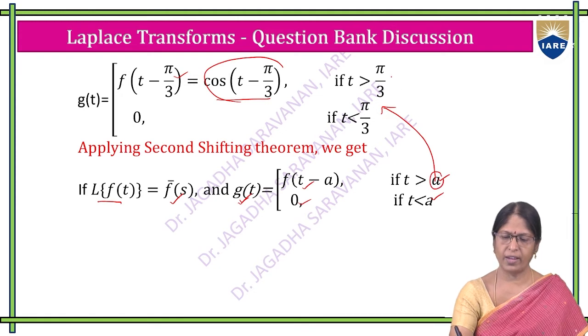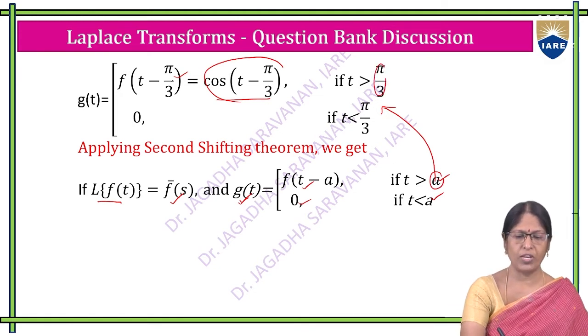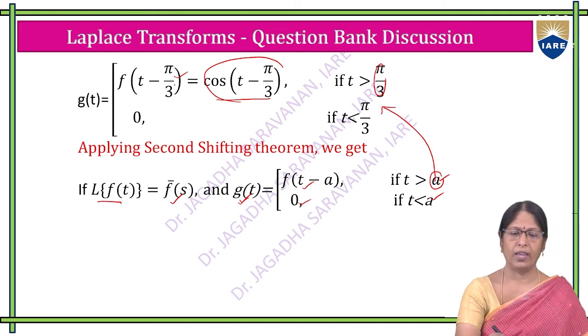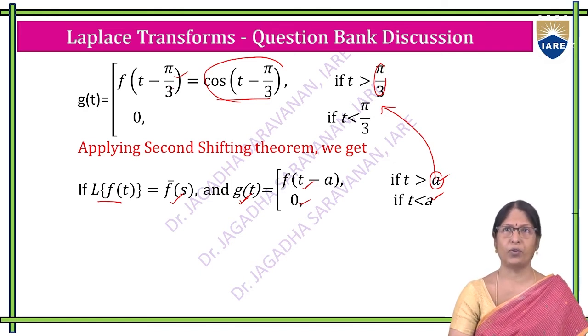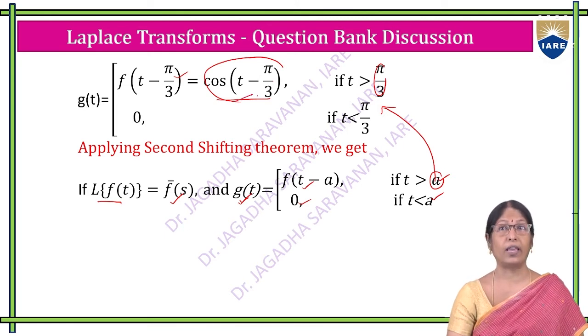Here a is pi by 3. So f of t minus a, f of t minus pi by 3, cos of t minus pi by 3, we can extract what is f of t. F of t is nothing but, without a, we have to write cos t.